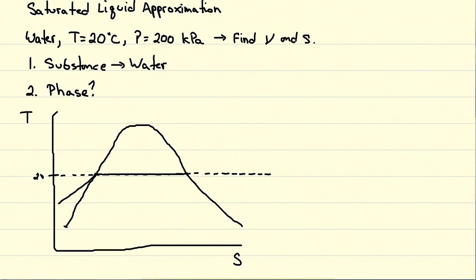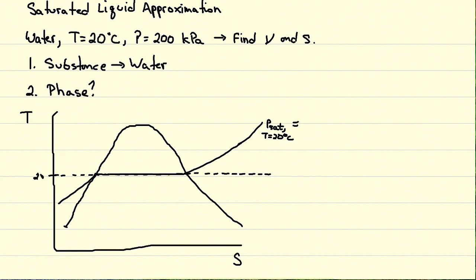This is the line of constant pressure for the saturation pressure at 20 degrees C. So this is Psat at a temperature of 20 degrees C. And I want to know what that value is.